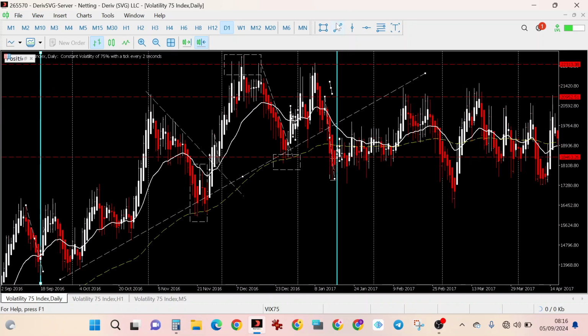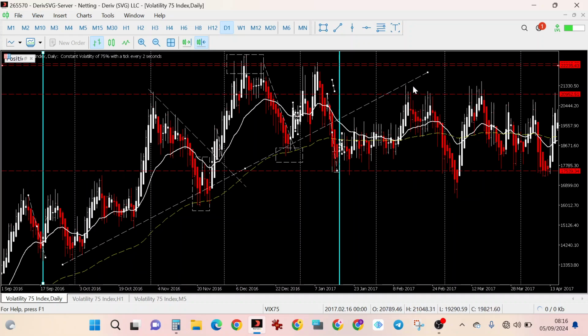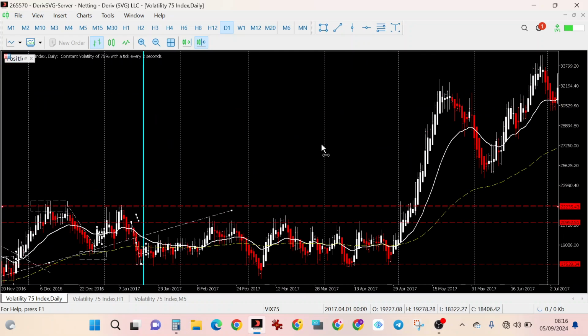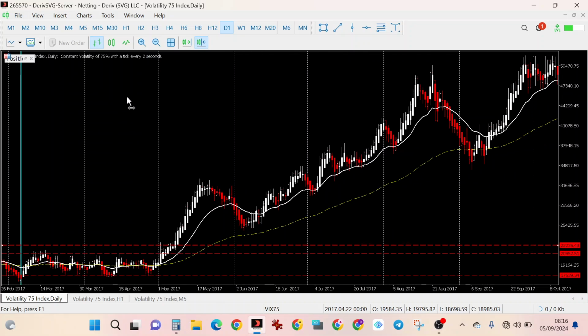You can then start drawing your support and resistance. You can see right there and here. The market went all the way up, came back to it, and here we can start looking for another entry on the 1 hourly chart.